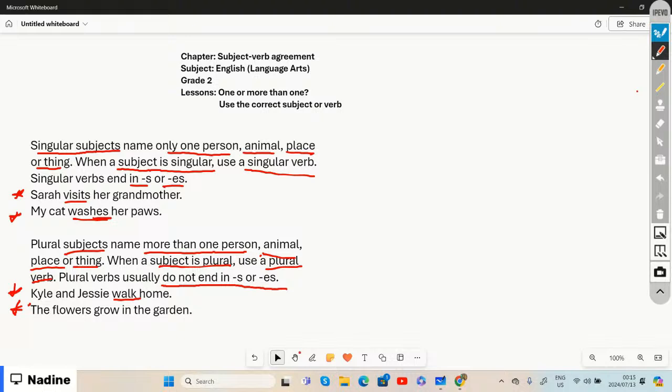Another example says the flowers, referring to more than one flower, grow in the garden, and grow is our verb that indicates the plural verb, which refers to more than one.